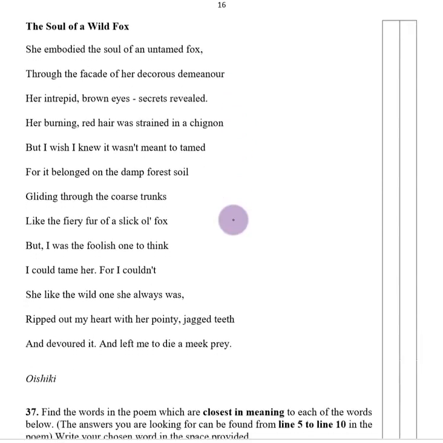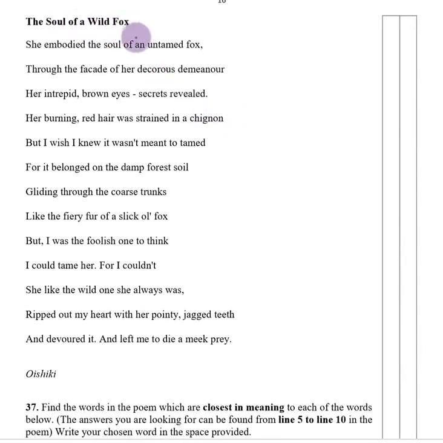Second poem. The soul of a wild fox. She embodied the soul of an untamed fox through the facade of her decorous demeanour. Her intrepid brown eyes secrets revealed. Her burning red hair was strained in a chignon, but I wish I knew it wasn't meant to be tamed, for it belonged on the damp forest soil, gliding through the coarse trunks like the fiery fur of a slick old fox.